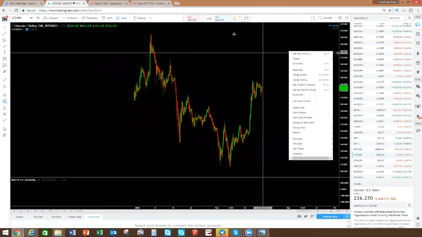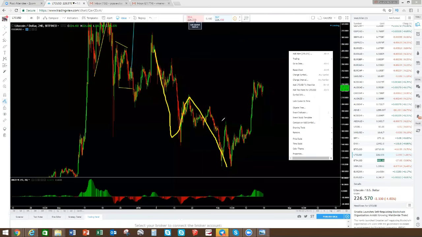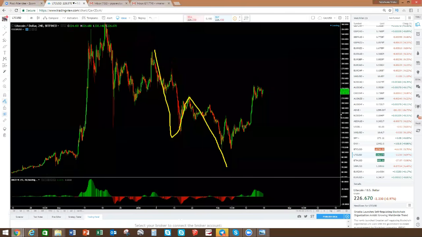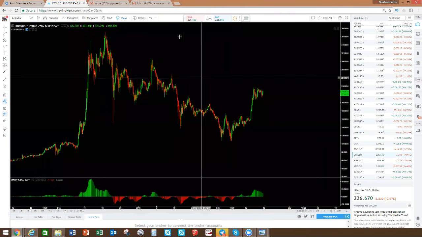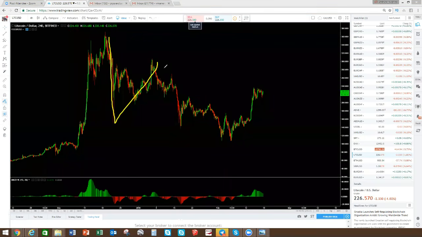And this one is actually giving a nice correction. You can see here 1, 2, 3. Let's switch this off. We've got 1 pullback. 1, 2, 3.